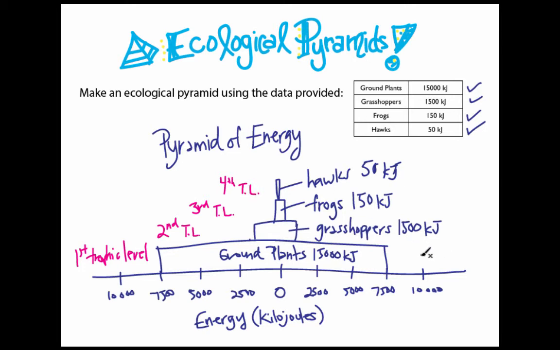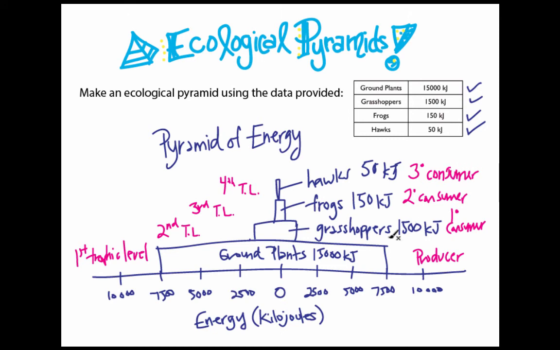This here would also be a producer. This here is our primary consumer. Frogs are secondary consumers. And the hawks are the tertiary consumers.